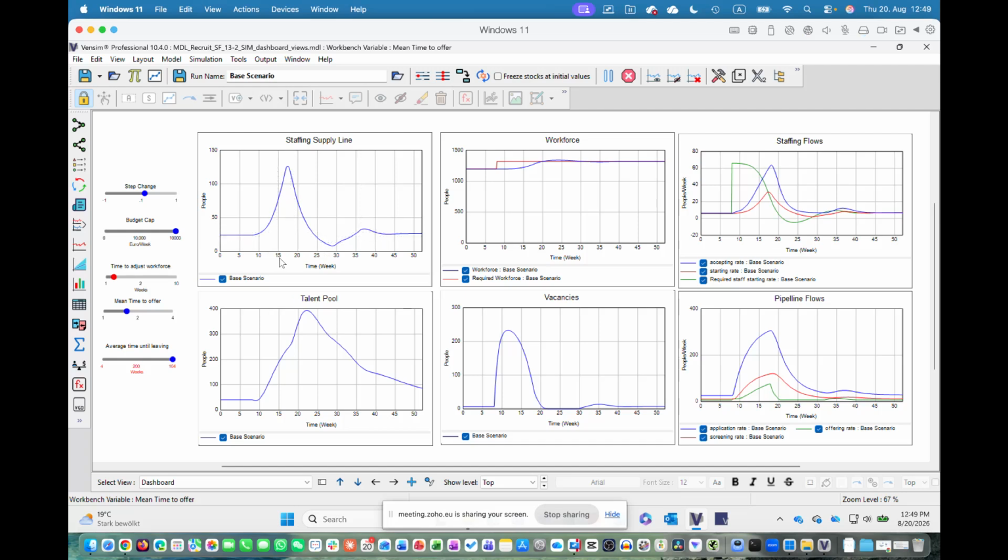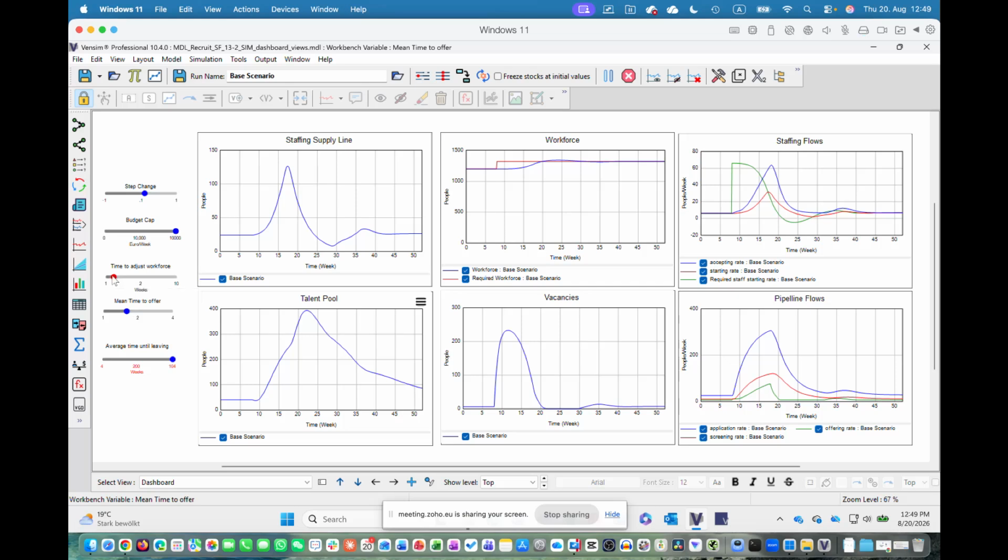So our supply chain, our supply line, and the flows are starting to oscillate. So they are hovering here around the new optimum, the new level. And you can also see it here slightly, that we have hired too many people, or sometimes too few people, a too small number actually.